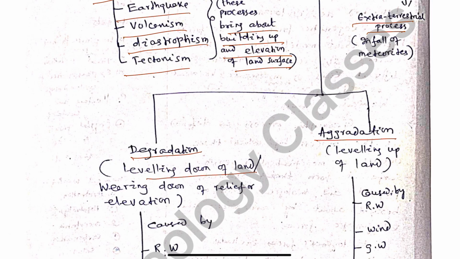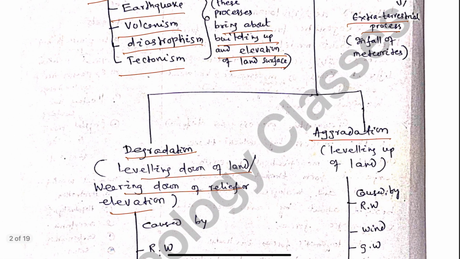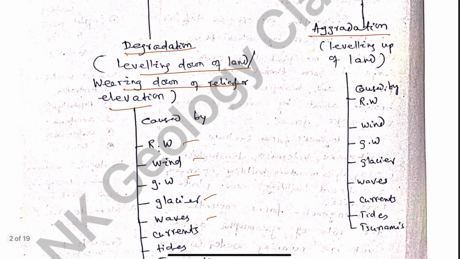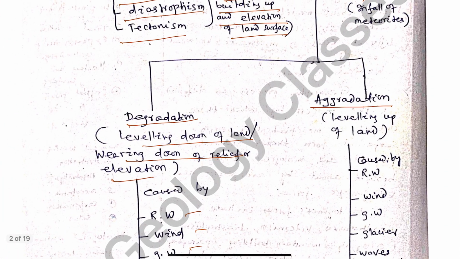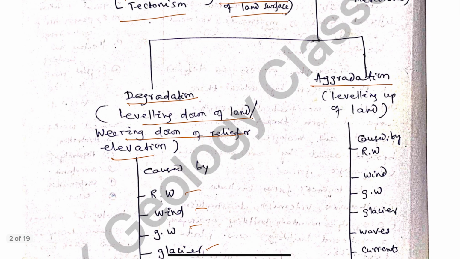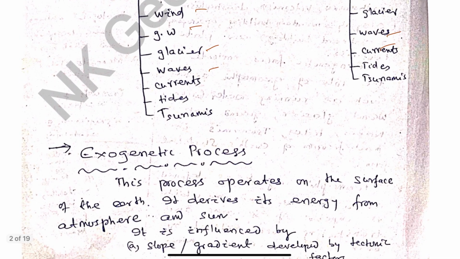Degradation means leveling down of the land or wearing down of the relief, and it is caused by all geomorphic agents such as running water, wind, glacier, groundwater and waves. Similarly, aggradation is a process where there occurs leveling up of the land, and it is also achieved by running water, wind, glacier, groundwater, waves, currents, tides and tsunamis.